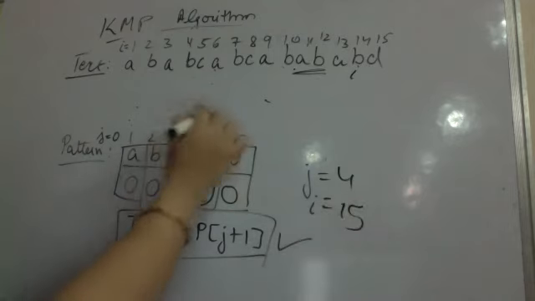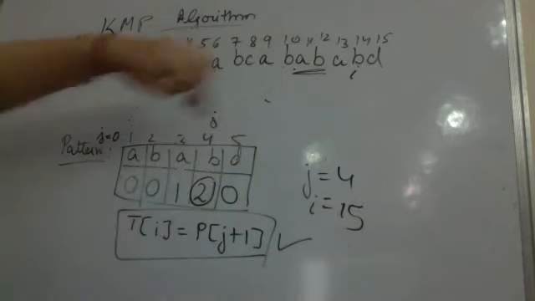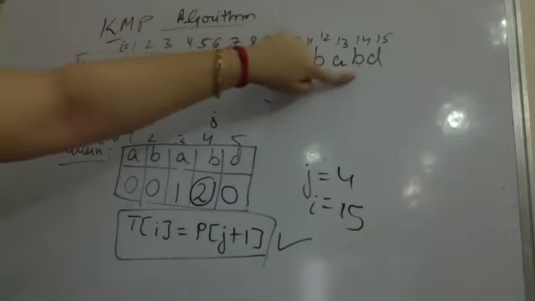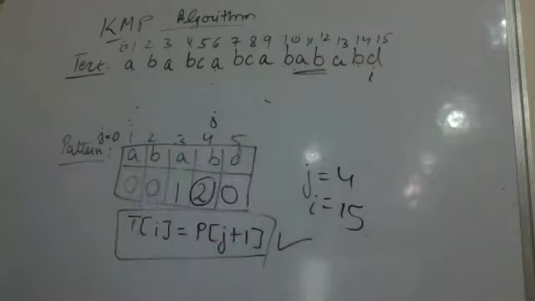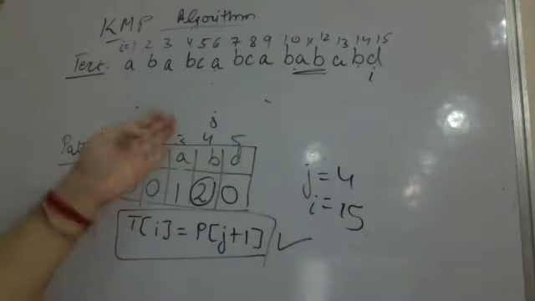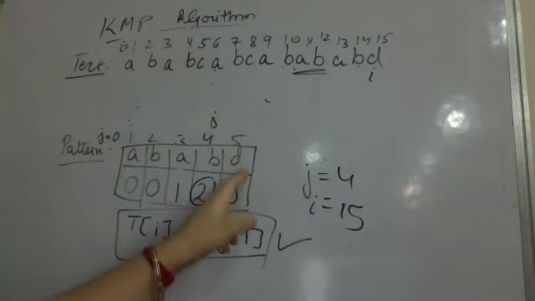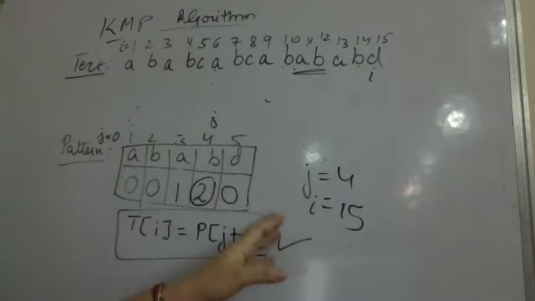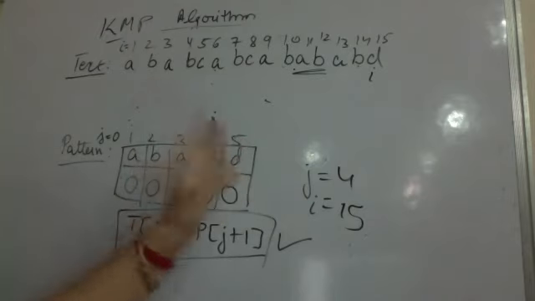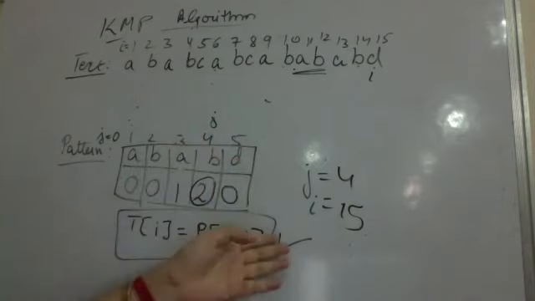I again check whether they are equal. Now text of I is equal to text of j plus 1. Yes, d is equal to d is again a true. Now when I increment j, I have reached 5. Again, j and I will be incremented by the algorithm. But since j is equal to 5, I cannot run for j plus 1 now.